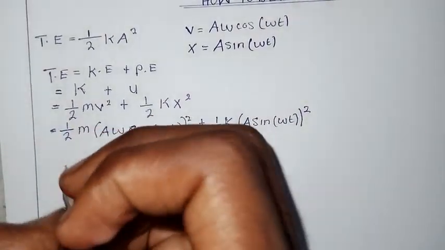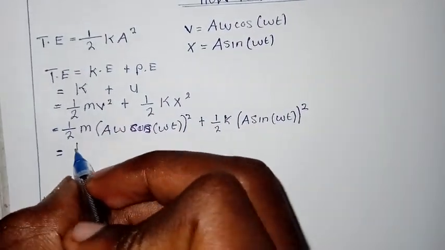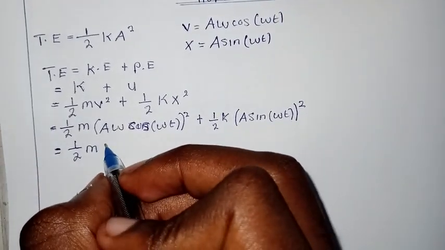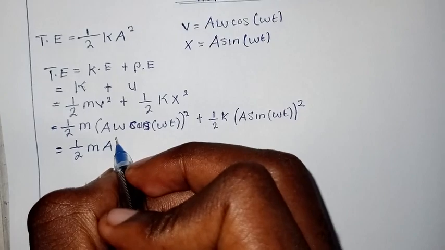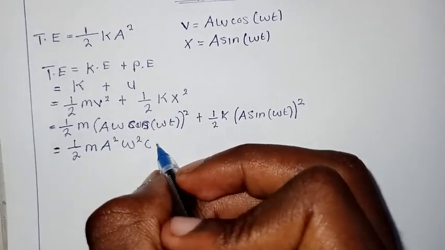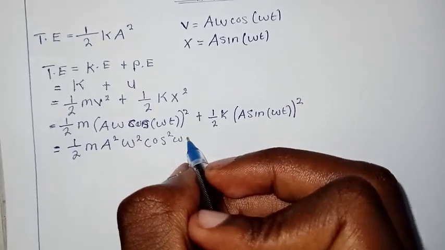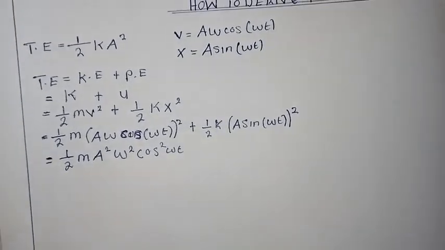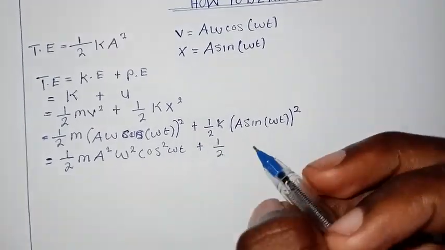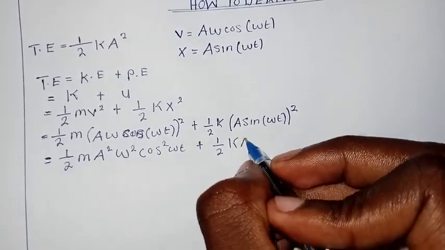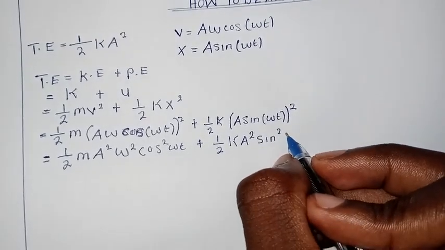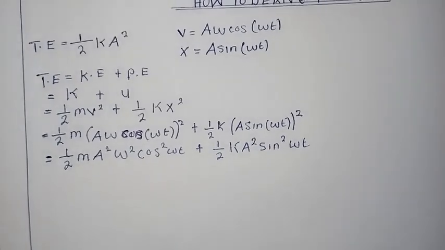Now, when you do this, remember that this is just the same as 1 over 2 m A squared W squared, which is omega, then cosine squared Wt plus 1 over 2 K A squared sine squared of Wt.